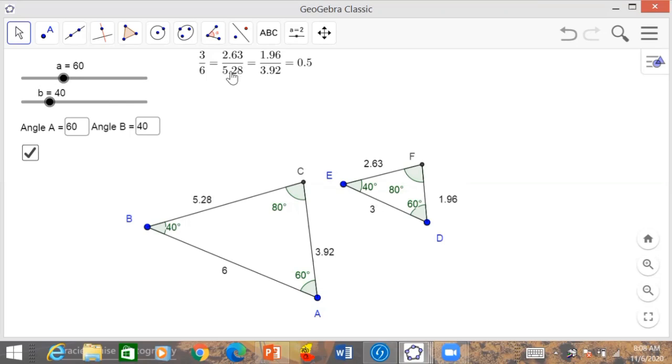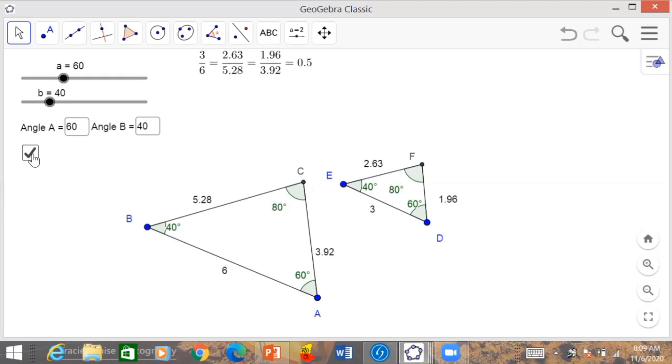We have constructed two triangles with their two corresponding angles equal. Then their corresponding sides are always in proportion. The third angle will automatically be equal because of the angle sum property.